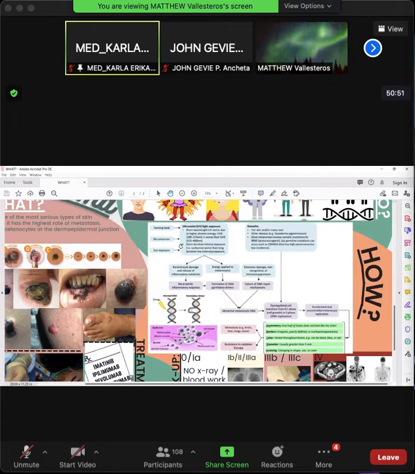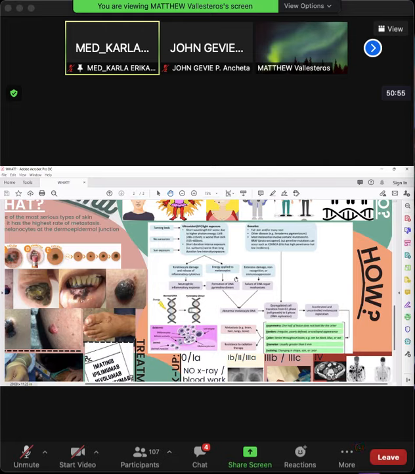Pathophysiologically, there is DNA damage, and the carcinogenic, inflammatory, and immunosuppressive properties of UV radiation can initiate primary melanoma and progress and metastasize.